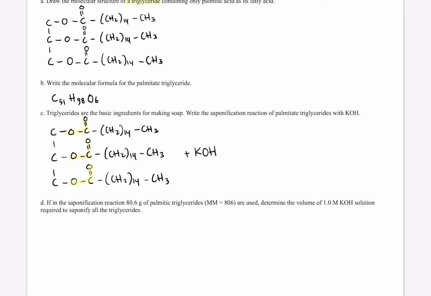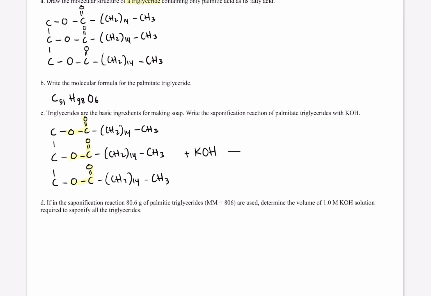And then we know that the ester comes from alcohol and carboxylic acid. So basically we have the alcohol, that is glycerol, and then the other one is the carboxylic acid. But we know that if we have carboxylic acid in basic condition, then we will have the corresponding carboxylate ion.